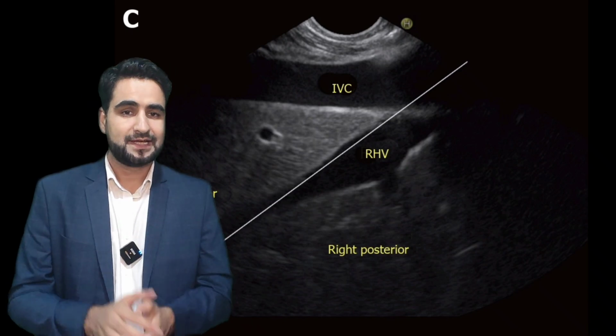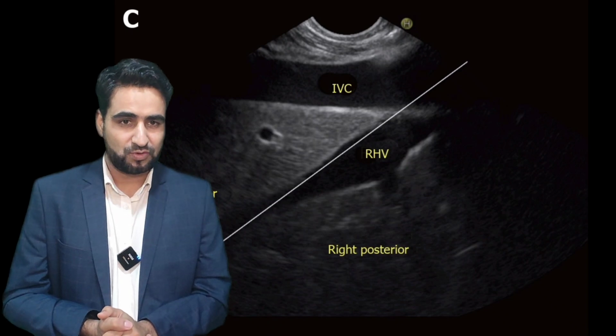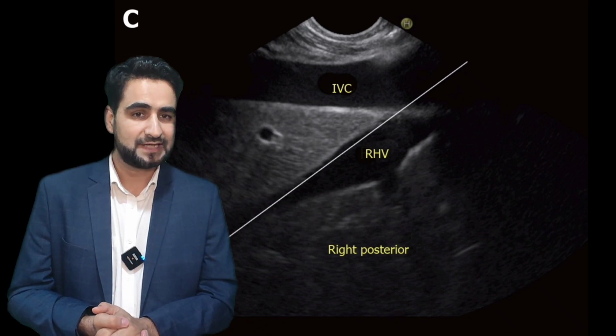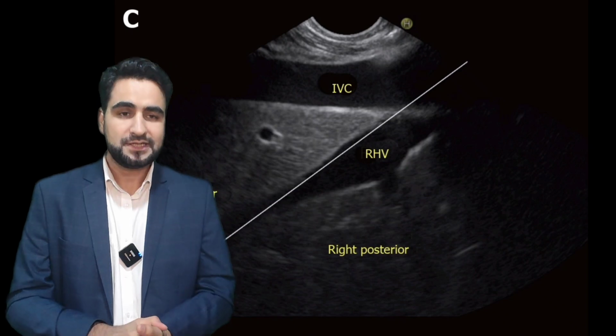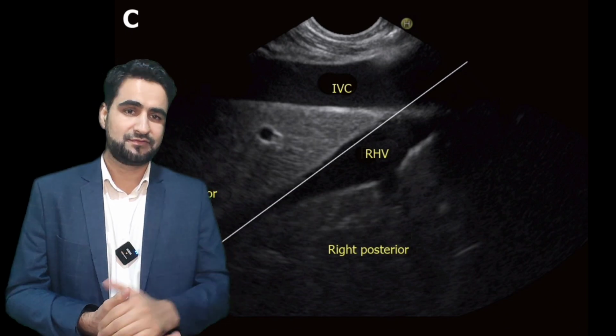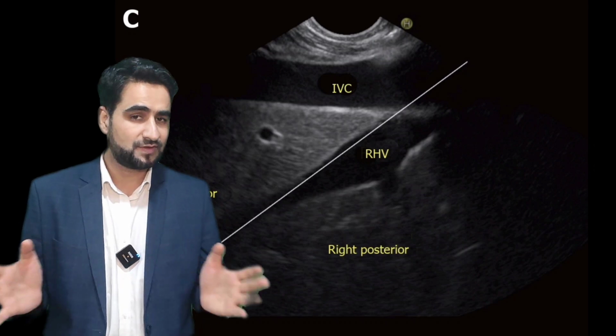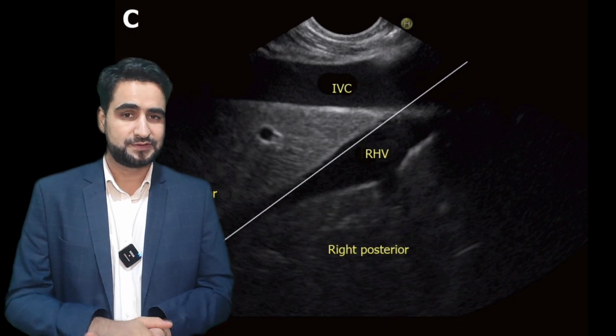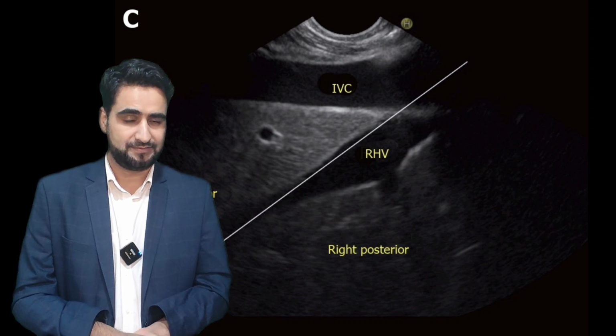It provides an excellent orientation point for lesion localization and for differentiating sectoral anatomy during interventions. For example, a lesion anterior to the right hepatic vein likely involves segments 5 or 8, while one posterior to it may involve segments 6 or 7.